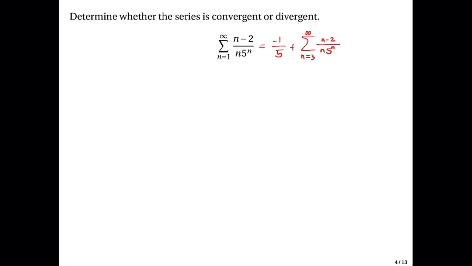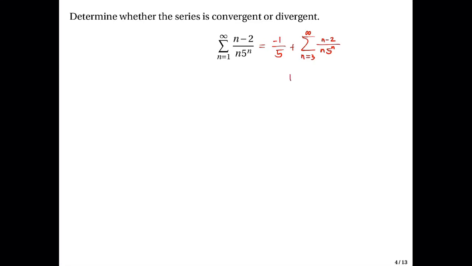And what do we do? Well, you can have 1 over n. You can also have 1 over 5 to the n. Notice if you separated the two pieces, n minus 2 and the denominator, one of the two series will automatically be convergent.